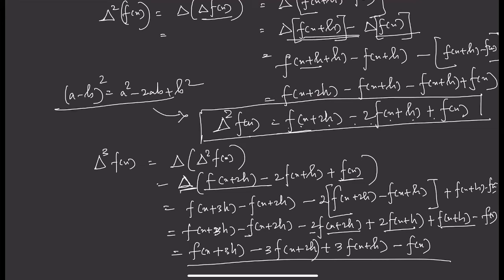For a minus b cube, what is this? a cube minus 3a square b plus 3ab square minus b cube, in this format. Okay, instead of this one, here only 3 is given, only x is given. Okay, you can see in this format.